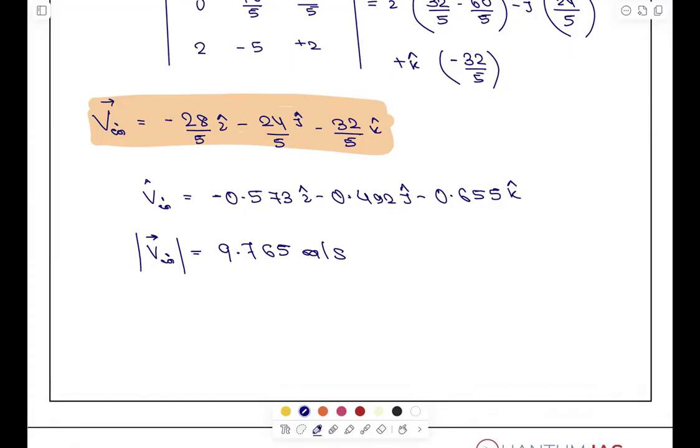So that you can write. Yes, that is the correct answer. So V cap is minus 0.573 I cap minus 0.492 J cap minus 0.655 K cap, and the mod will be 9.765. Fine. Okay, so this is the final answer that you have to write in the examination.